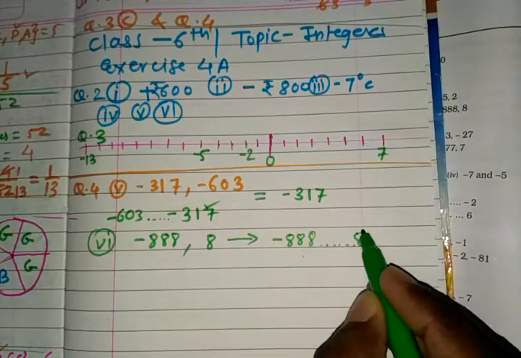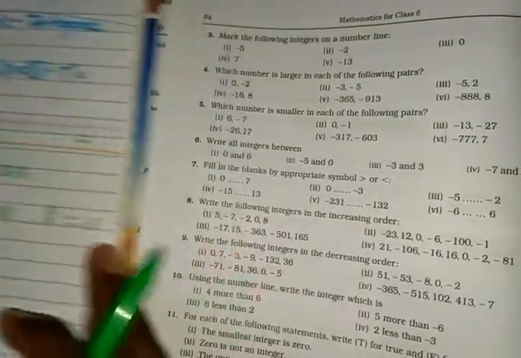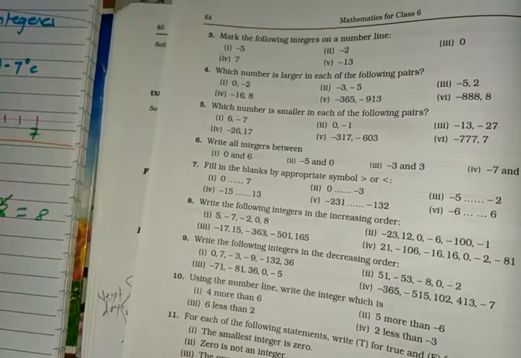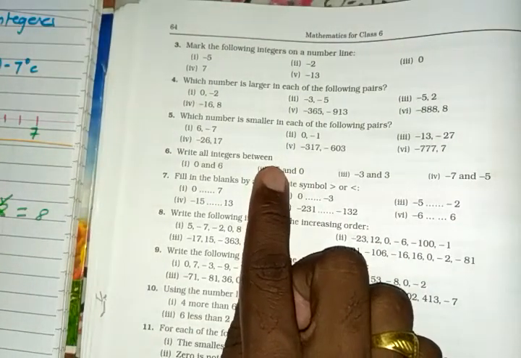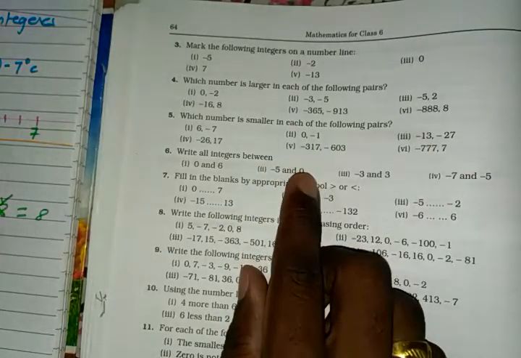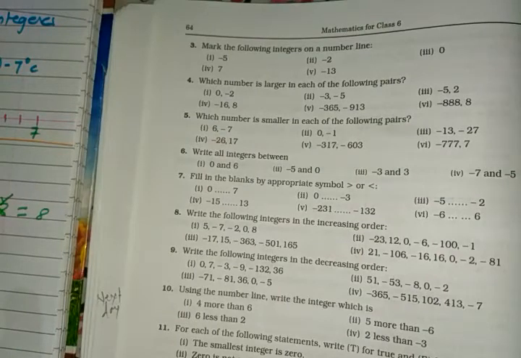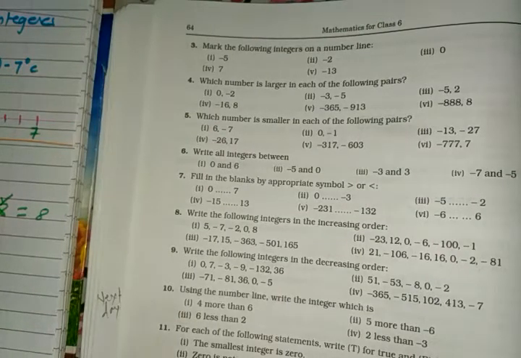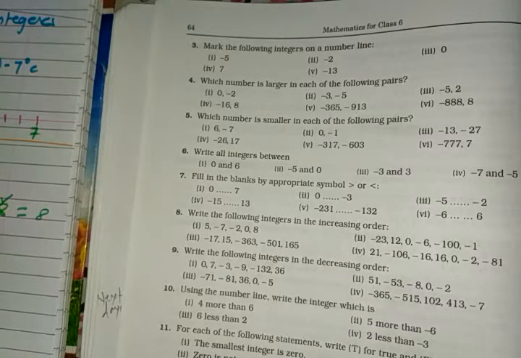So the positive 8 is the bigger number. So students, what you have to concentrate on is which number is lying to the right of the other number. We will first point out the number which is lying to the left, and then locate the remaining number on the right hand side. In this way we can easily understand which number is the bigger number.